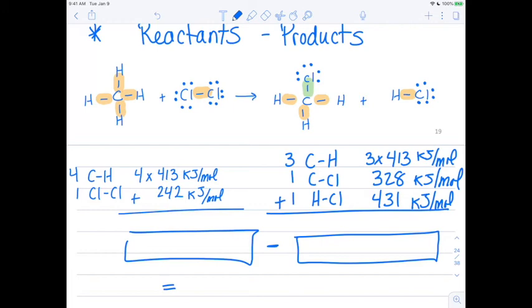Dravin, is yours a negative or a positive? And it looks like Ali got a negative 104. Okay, and Dravin's is negative as well. So it looks like everybody's getting negative 100 and something. So go ahead and take a couple more minutes to calculate.